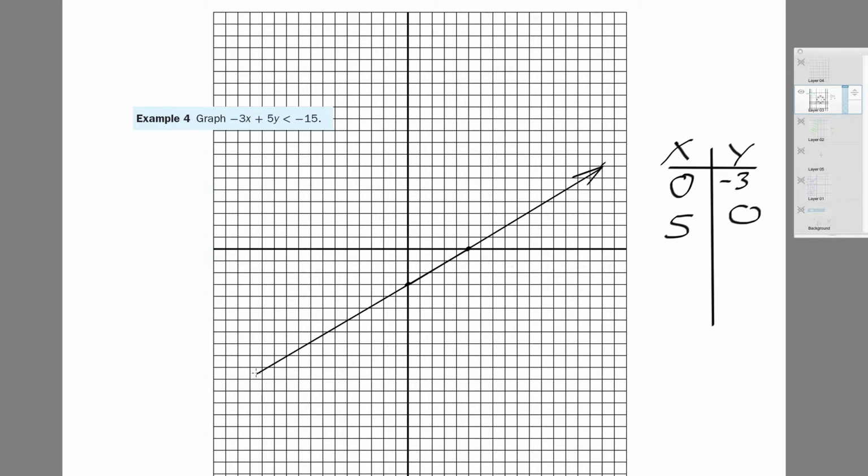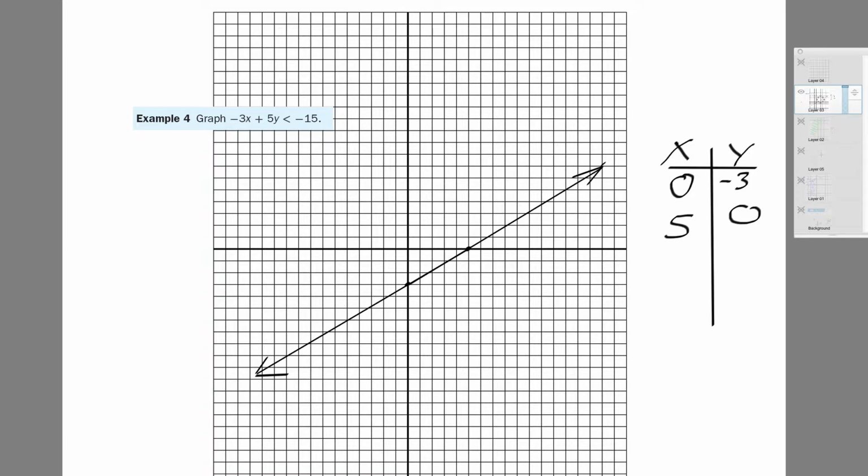And wait, there's one more thing. Oh yeah, it's less than. It's not included, so I need to do a little bit of erasing here to make this a proper dashed line.